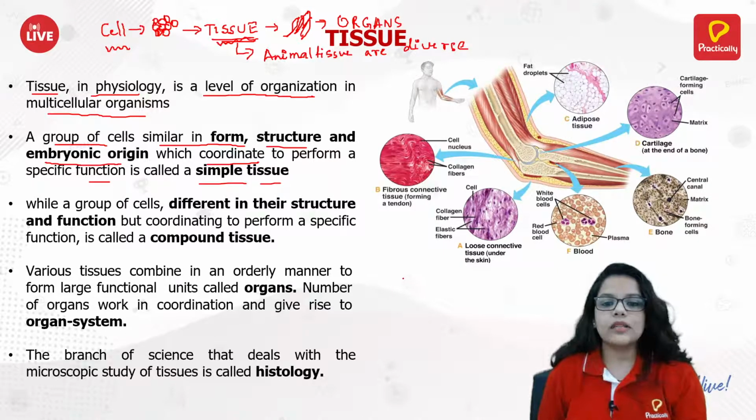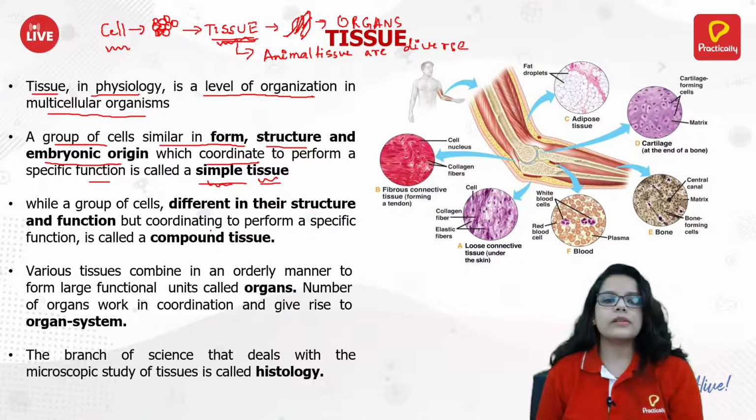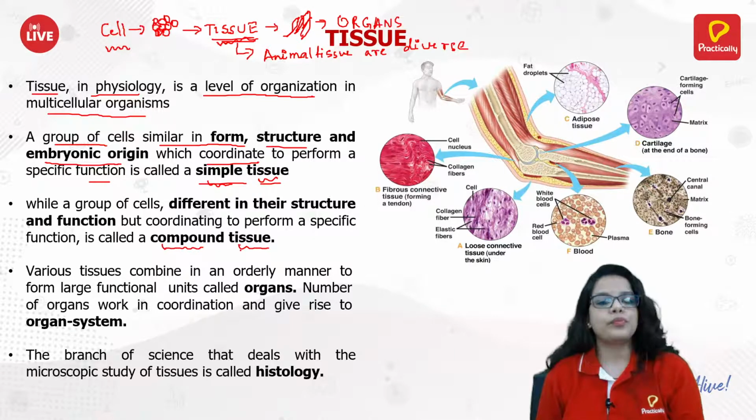So when all the cells are the same, structurally, functionally, and in embryonic origin, they form a simple tissue. But when they are different in structure and function, mostly structure, it becomes a compound tissue.